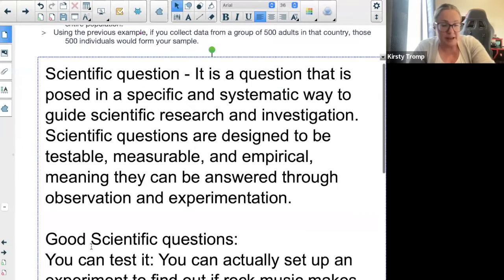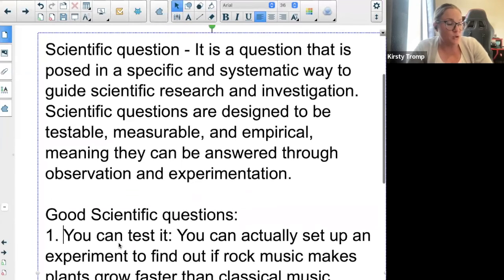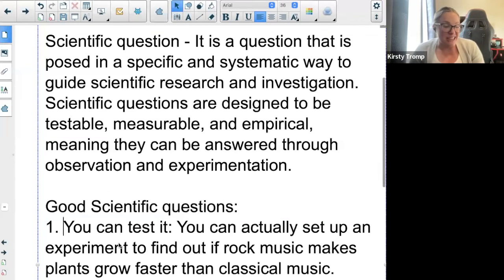Number one, if it's a good scientific question, it means you can test it. You can actually set up an experiment to find out, if we're looking at plants, whether rock music makes plants grow faster than classical music.